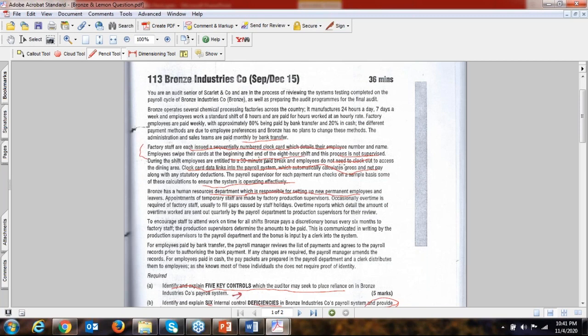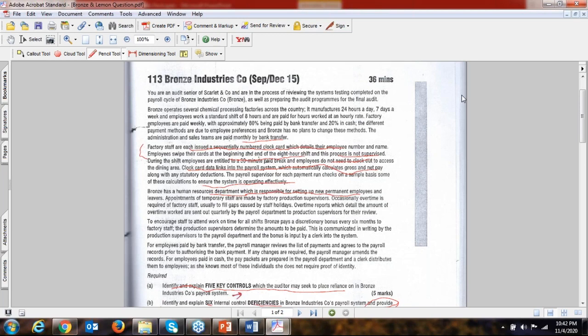That means employees do not need to log out when they go for the break. So that's the deficiency. Now, why is it a deficiency? Now, the ball is in your court. I need your feedback.